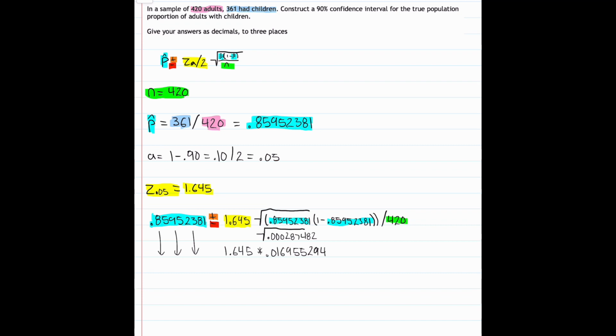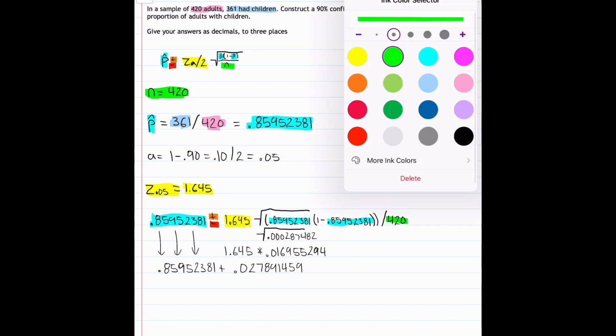And that is going to give us 1.645 times 0.016955294. And that number is going to be 0.027891459.